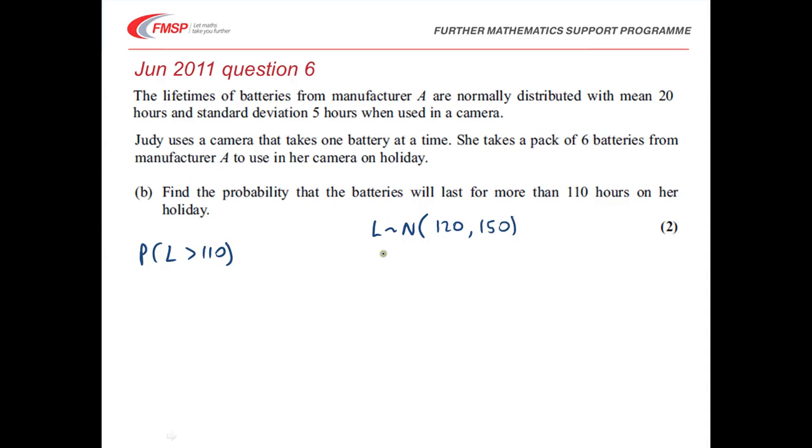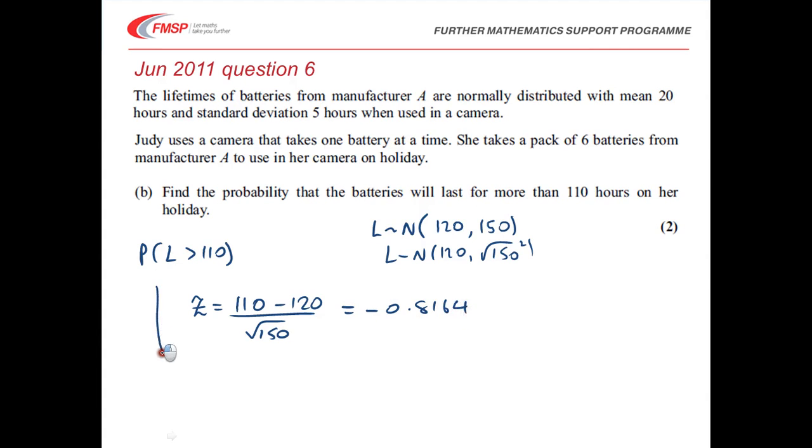If you wanted to write it more formally in terms of standard deviations, which again is sometimes useful, we can do that. So again, standardizing is going to be the way forward. So Z is equal to X minus mu over sigma, which is going to give me a Z value of minus 0.8164.